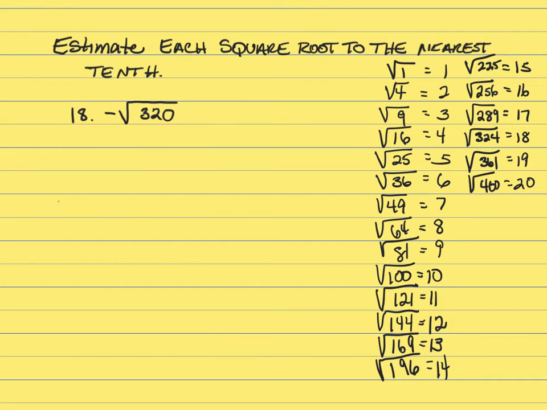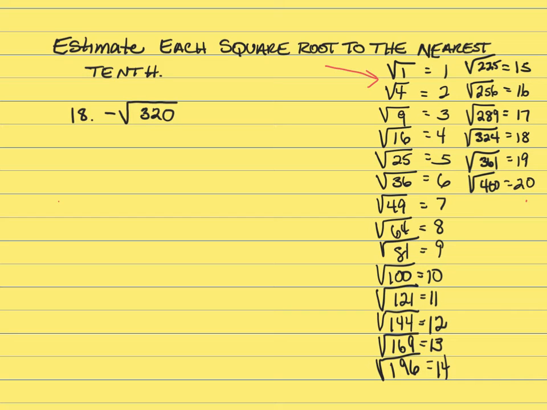Okay, so in our next part, we're asked to estimate the square root to the nearest tenth. And our number is the opposite of the square root of 320. As you can see, I already pre-made our chart, and I've listed all the perfect squares up to 20. I suggest you do the same.